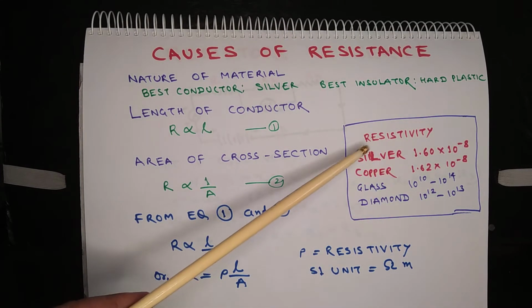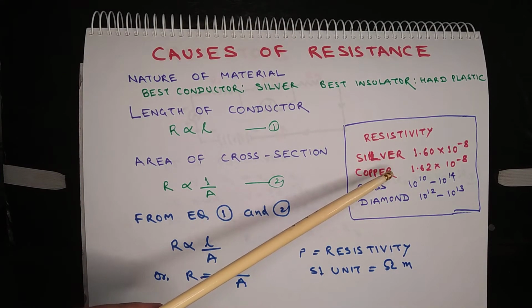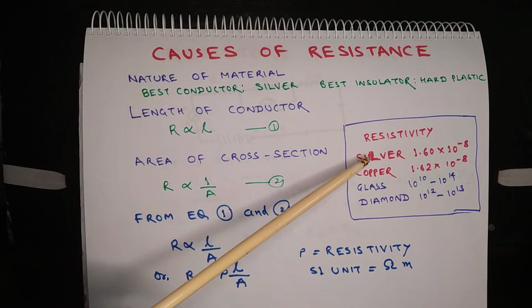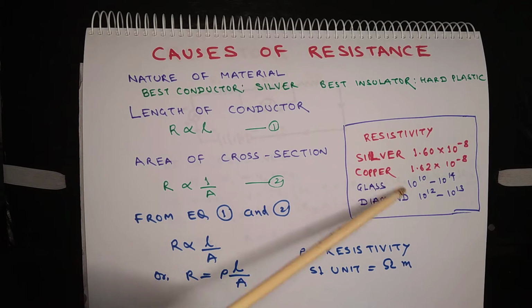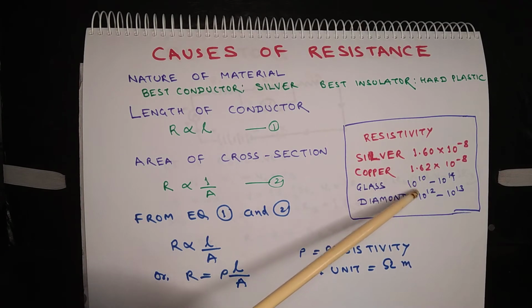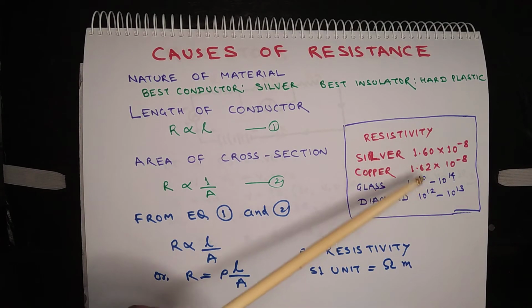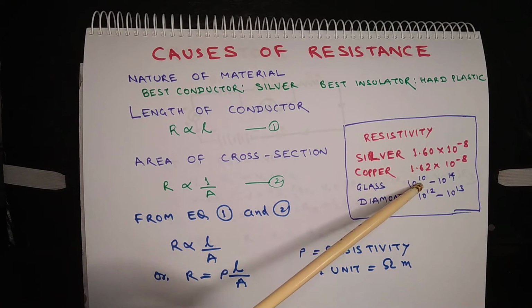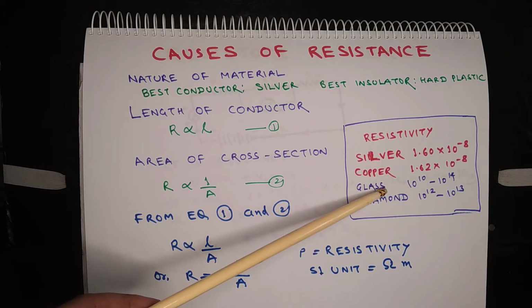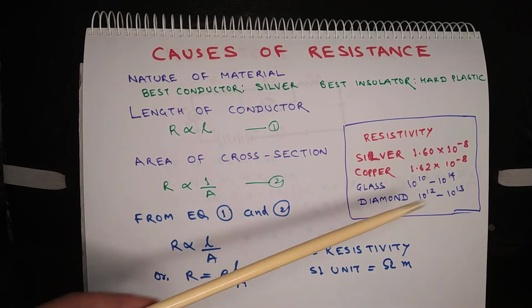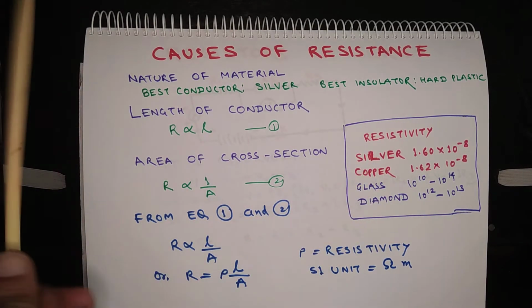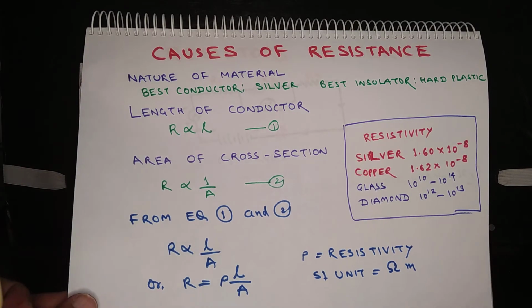This shows that silver and copper have very low resistivity, and that is why these are good conductors. Glass and diamond have resistivity in the tune of 10 power 14. So the exponents on 10 are positive, the resistivity is too high, and that is why these materials, glass and diamond, are bad conductors of electricity, or insulators.